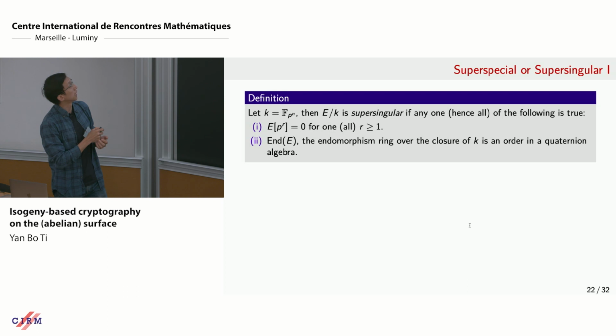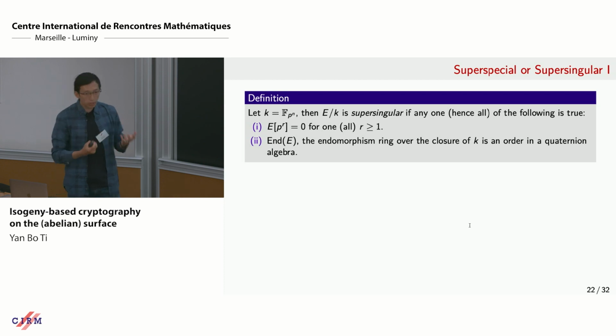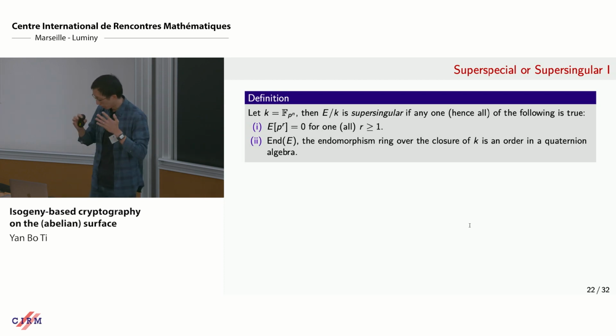And this should be a group, sorry. We also know that the endomorphism ring is an order in the quaternion algebra.